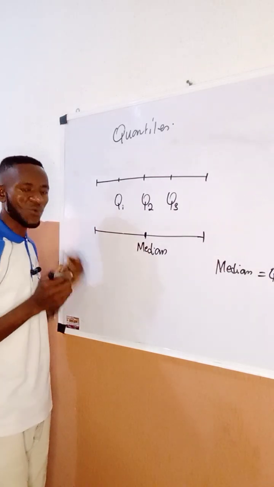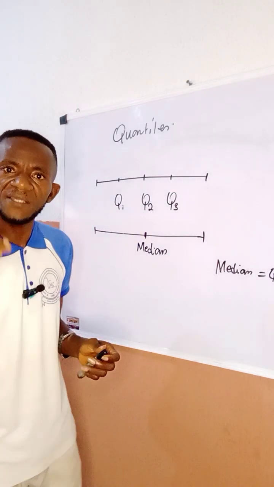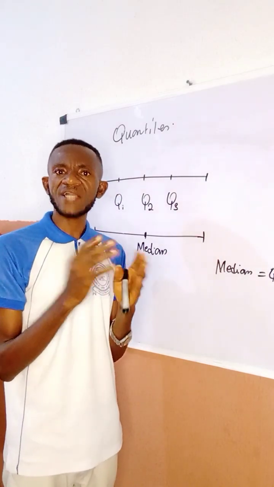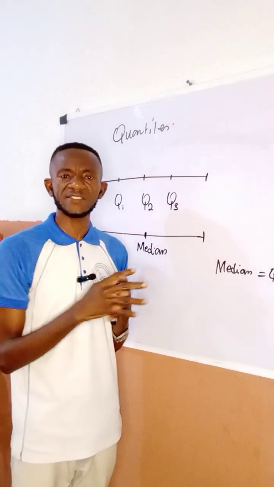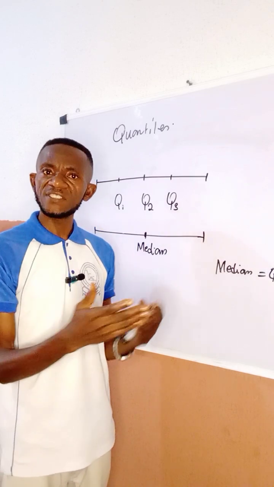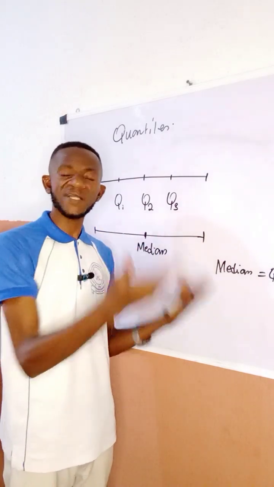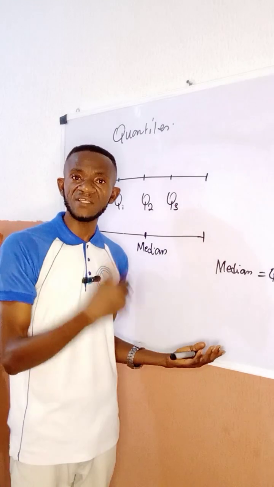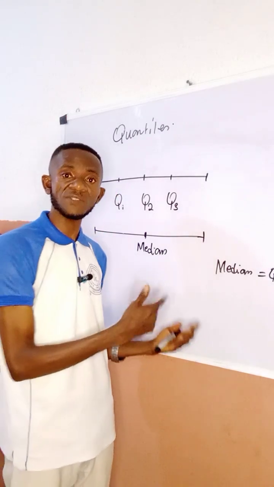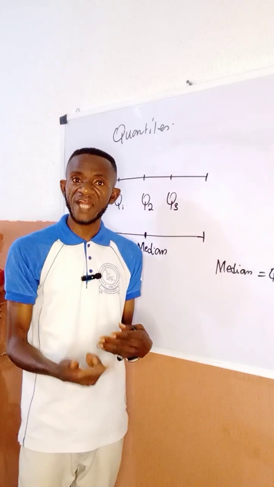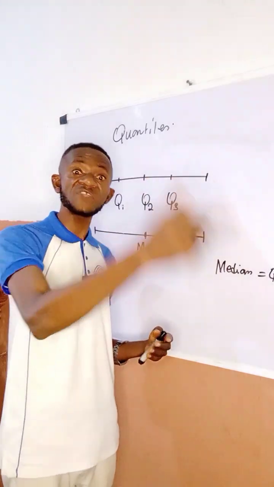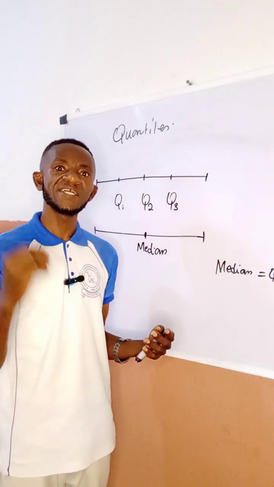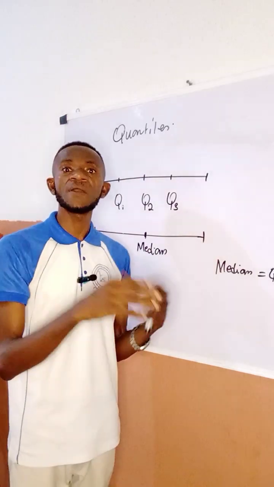Okay? Now we are equally told that the quartiles are special kind of percentiles. So how do we relate the quartiles with the percentiles? People say that the first quartile is the same thing as the 25th percentile, the second quartile is the same thing as the 50th percentile, and the third quartile is the same thing as the 75th percentile.